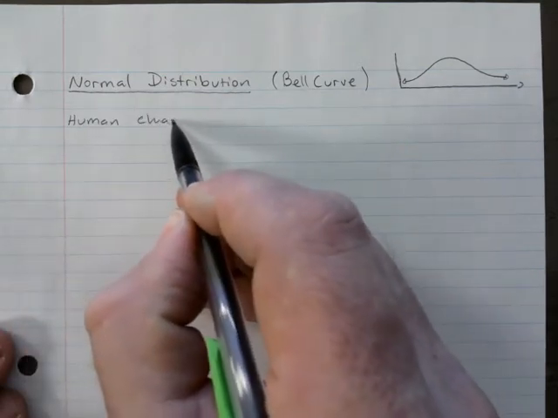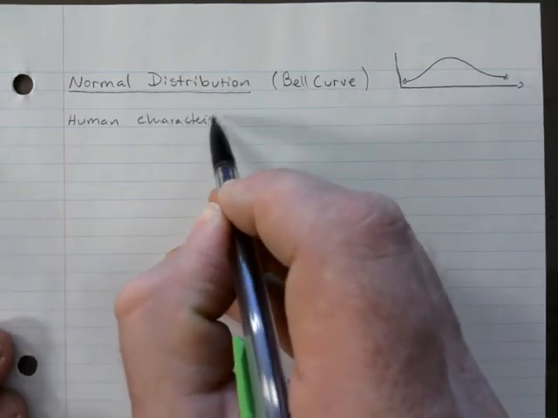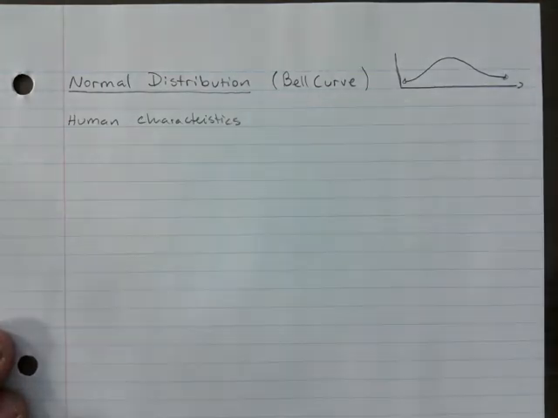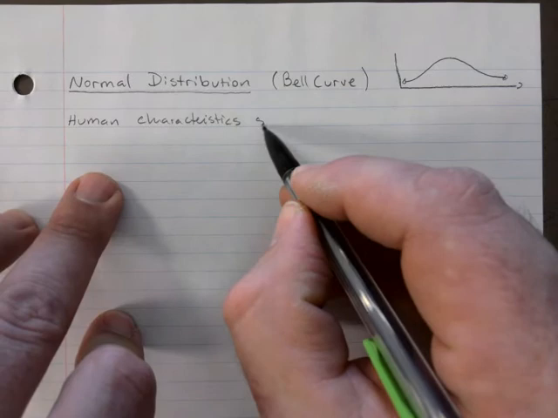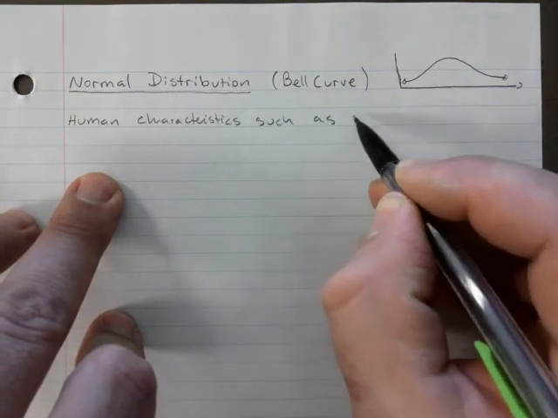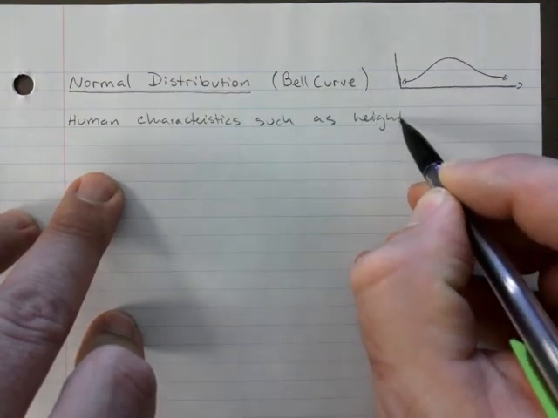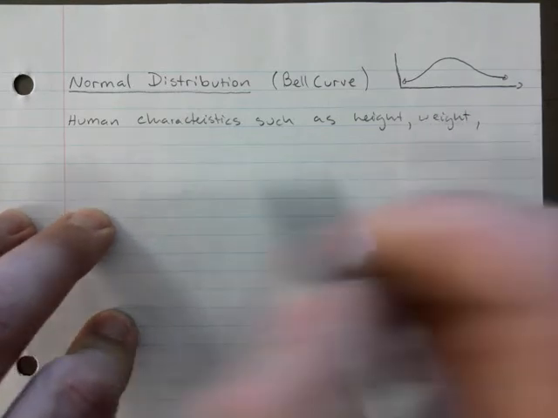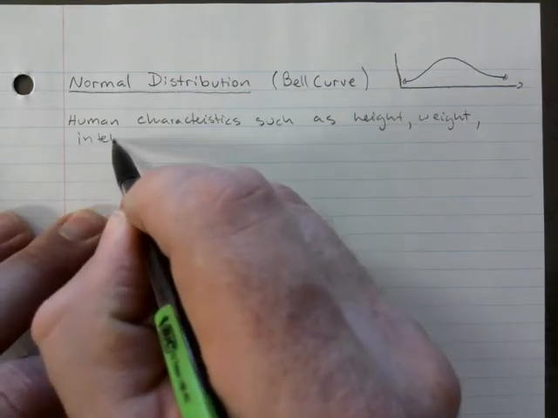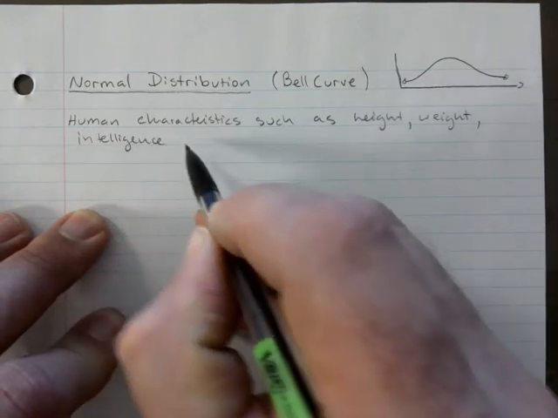Human characteristics, not just humans, but also in nature, right? We observe that such as height, weight, intelligence, right?